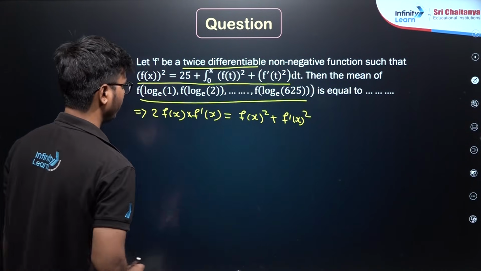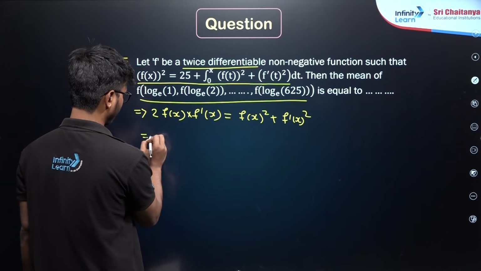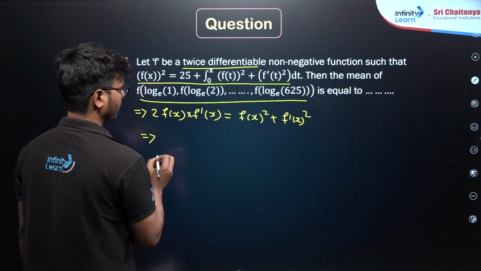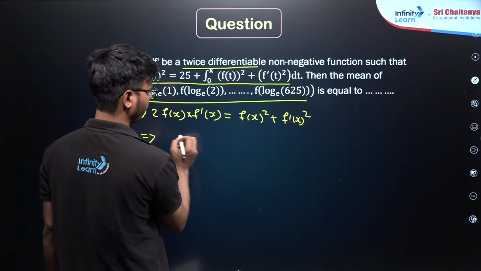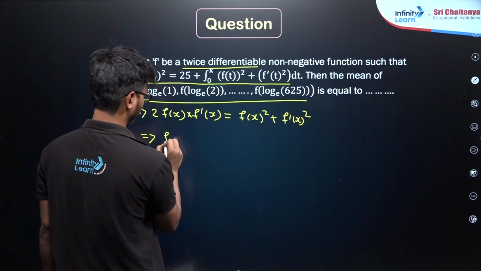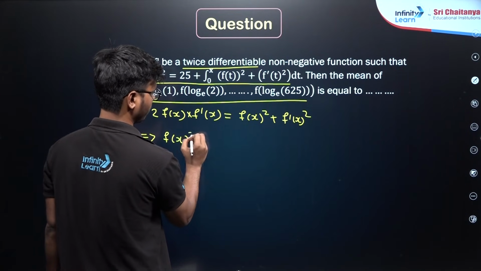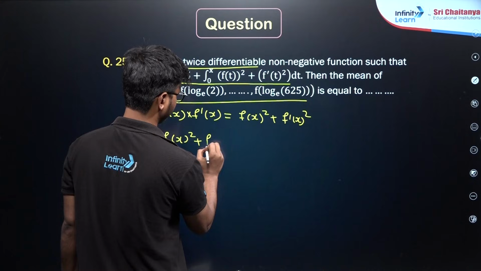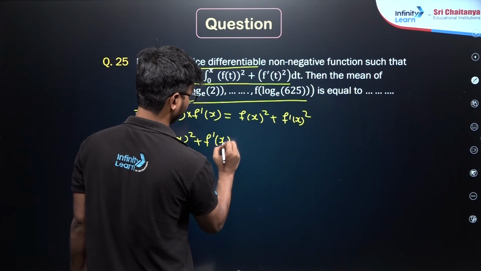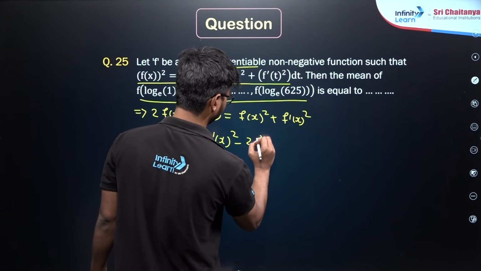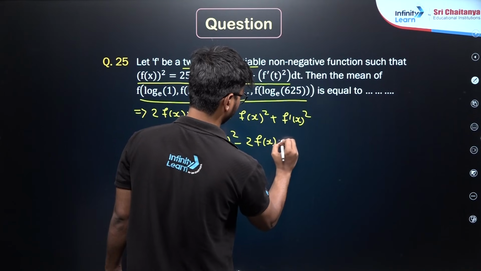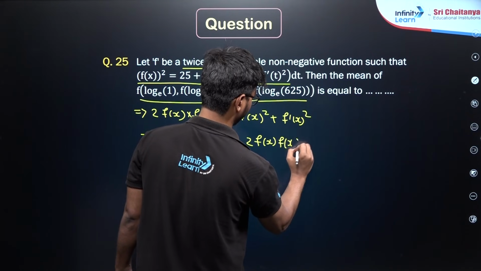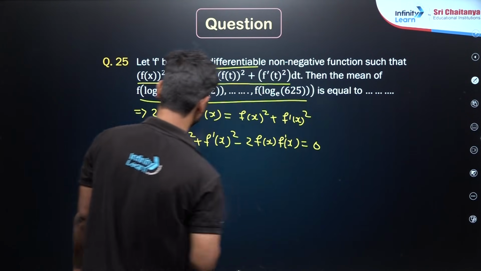Now I can rearrange it and write this as f of x the whole square plus f dash of x the whole square minus 2 times f of x f dash of x equals 0.